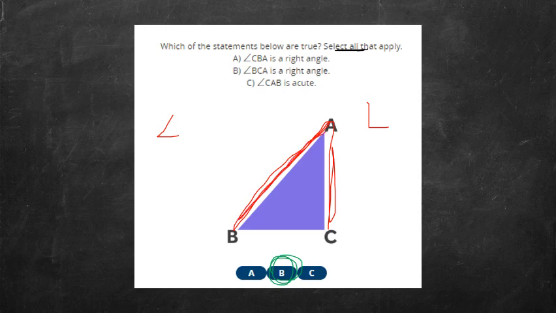I know that acute angles are less than 90 and obtuse angles are more than 90. So angle CAB must be an acute angle because it is small. So our answer choices here are B and C.